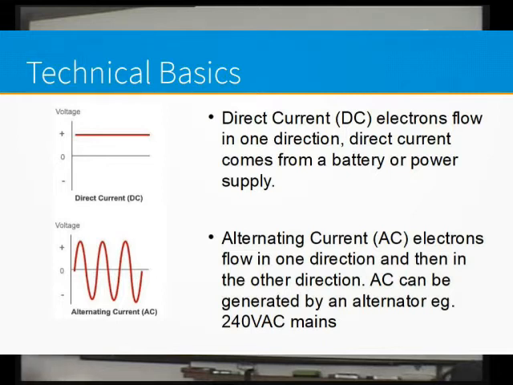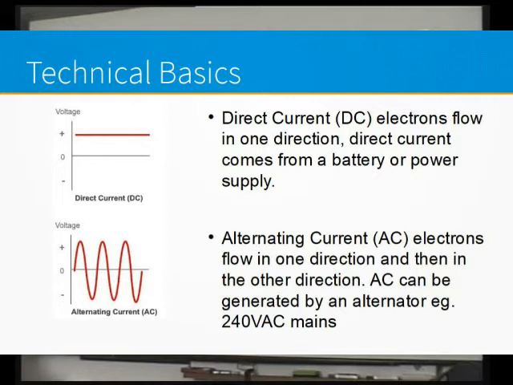Now another concept you need to be aware of. That flow of electrons, if it is all in one direction, what we call it is direct current, or where electrons flow in one direction, and direct current usually comes from something like a battery or a power supply. A good example of direct current is you've got a 12 volt battery in your car, that's 12 volts DC, we call it direct current.